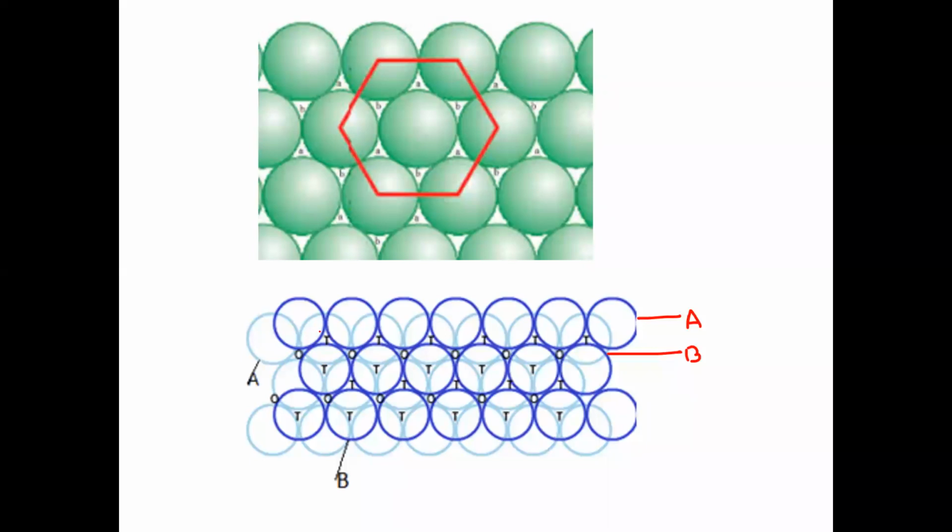This is a triangle, and you are using these holes. But instead of that, if you use two triangles, so here is a triangle.